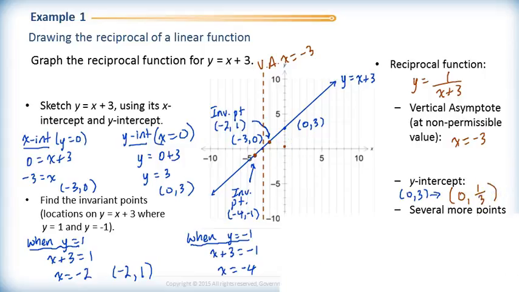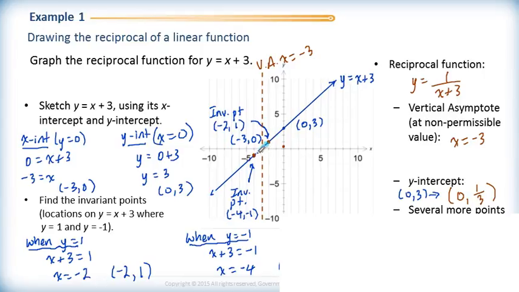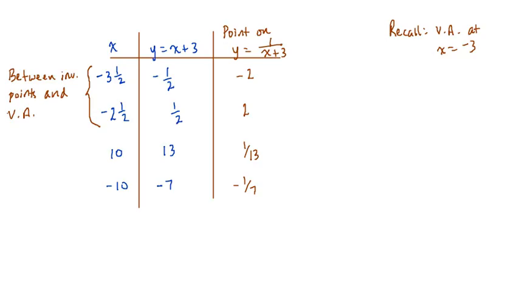Now we want several more points for accuracy. So take a point, for example, negative 2.5, which would be a good point just between the asymptote and the invariant point, and another point, say, between this invariant point and the asymptote, say at negative 3.5. Negative 3.5 and negative 2.5 are between the invariant points and the vertical asymptote.